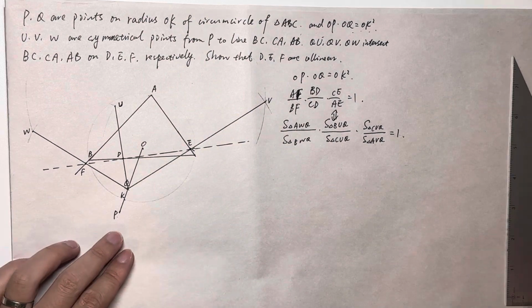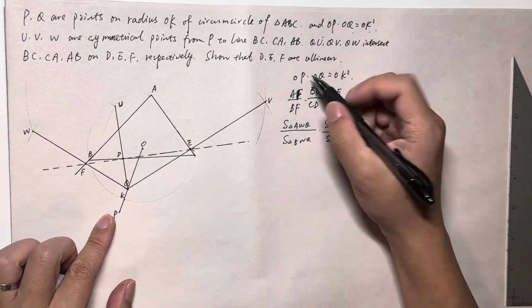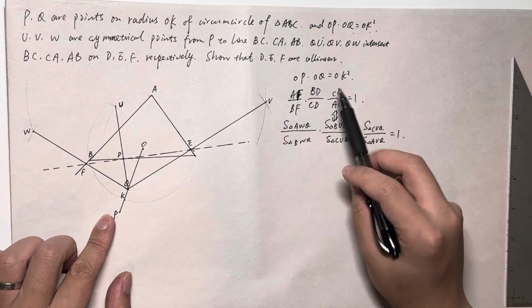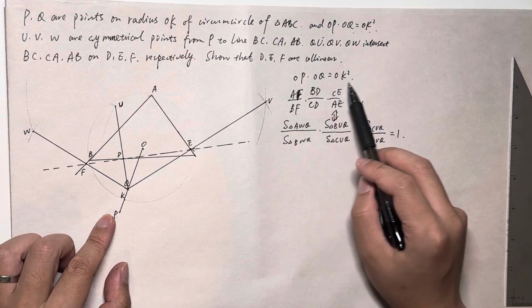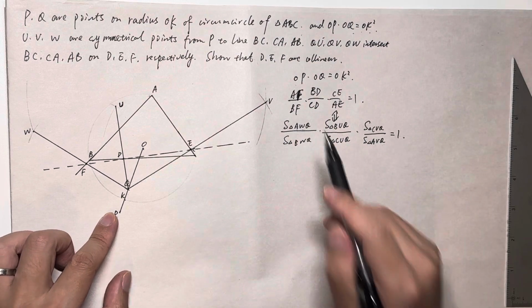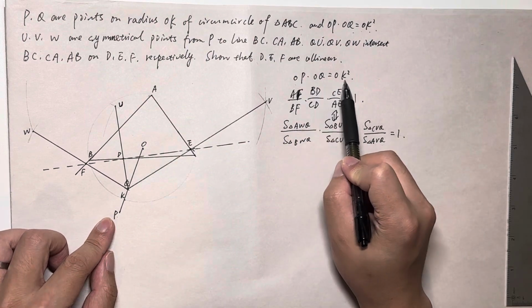Now let's come back to the condition that OP times OQ equals OK squared. Let's see if we can figure out something from here to tell us which angle to pick.